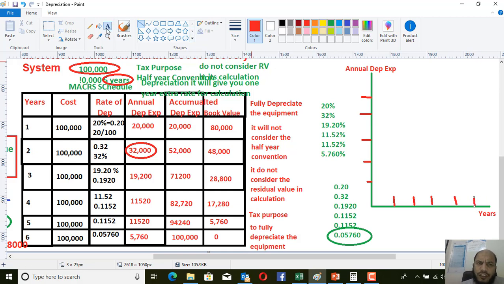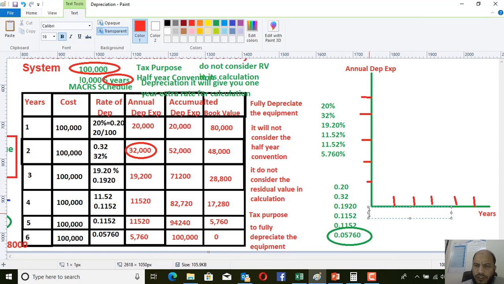Now let's add the amount over here. This is the 0 place, this is year 1, this is year 2, and this is year 3, and in the same way this is year 4, and this is year 5. Okay, very good.